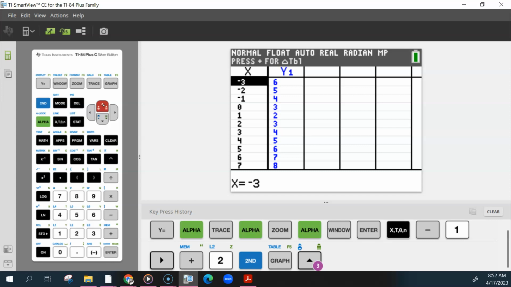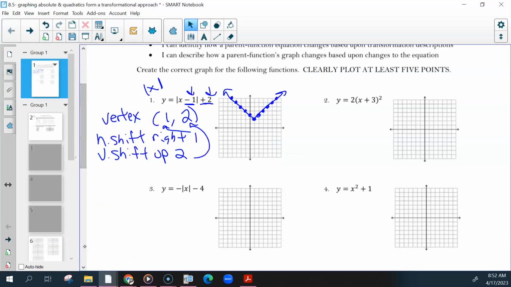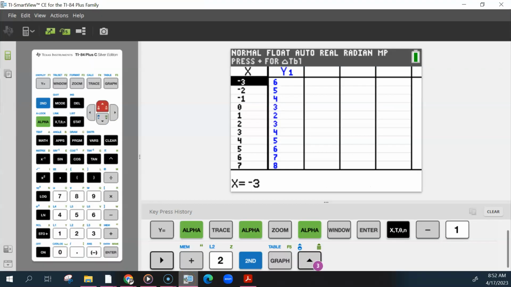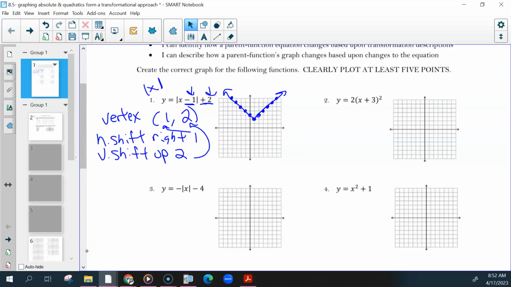So we go out, it should be at 0, 3, 2, 3, and then negative 1, 4, 3, 4. And really that would give you your 5 points. Any more would just be extra. So that's why I said you could use the calculator, the table, as long as you write your vertex and graph it correctly. Or you could graph it using your transformations.